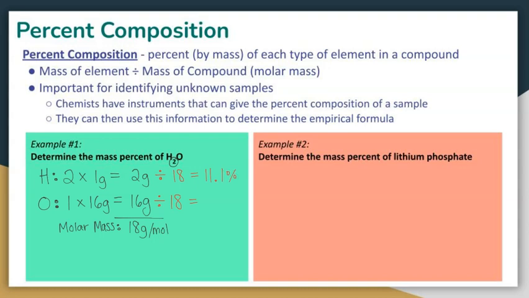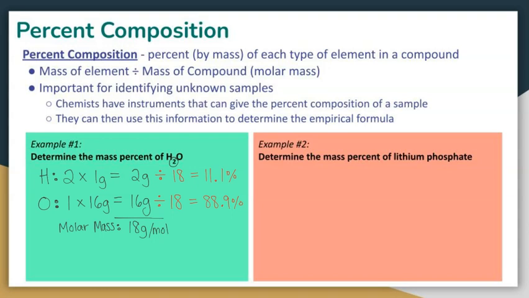And then 16 divided by 18 gives me 88.9% oxygen. And of course, I first got these in decimal format, but I immediately moved the decimal 2 times to the right to get them into percentage format, which is the same thing as multiplying by 100.